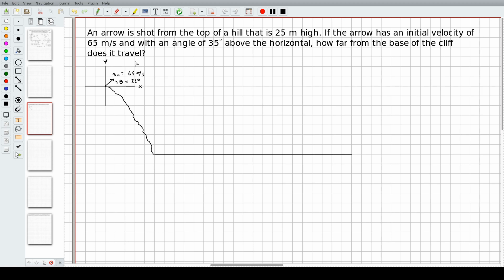So we know as we fire this arrow that it's going to go up, hit a peak, and then fall back down like this, hitting the ground, something like that.